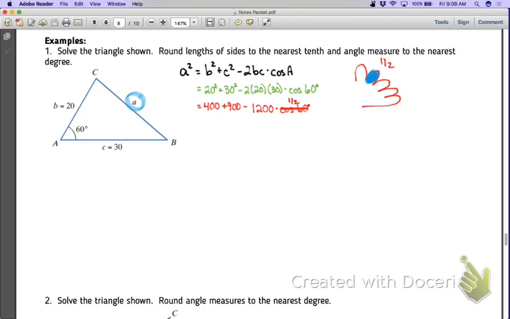So I'm going to do 1300 minus, not 6,000, 600.